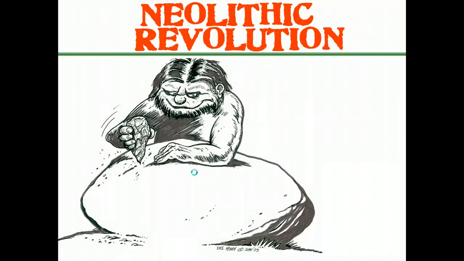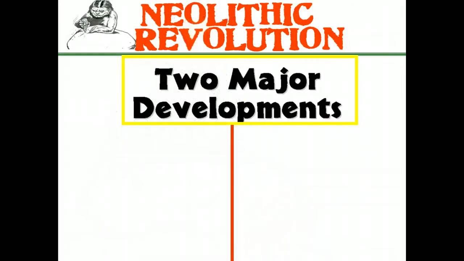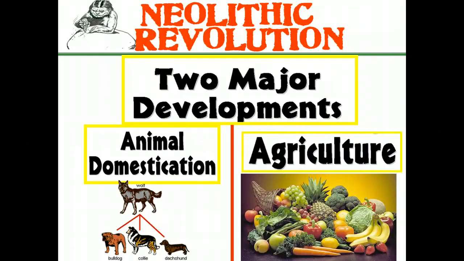But it all changed dramatically with one idea. And this idea took the form of two shapes. One, man began to domesticate animals, make animals work for man. And the second, began to domesticate plants, that is, agriculture.